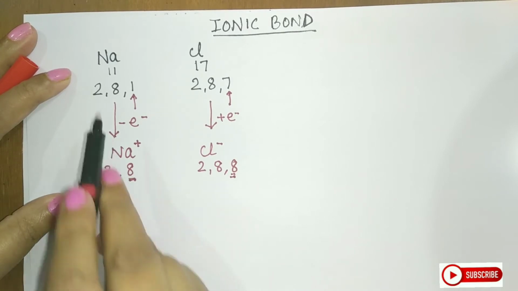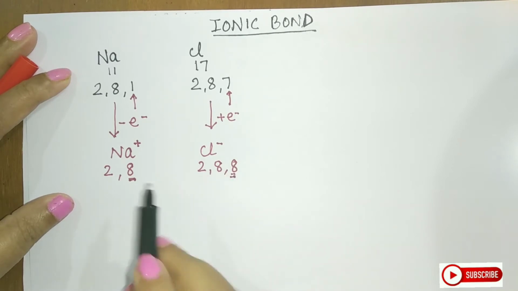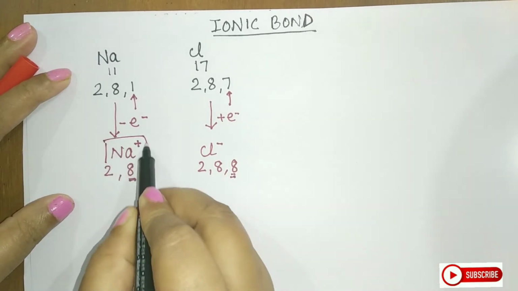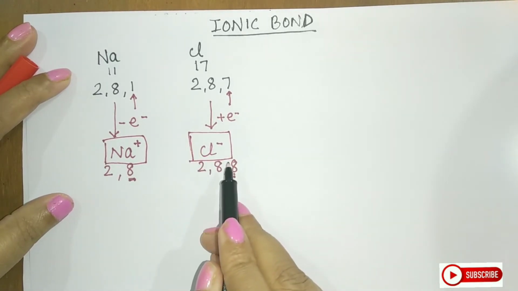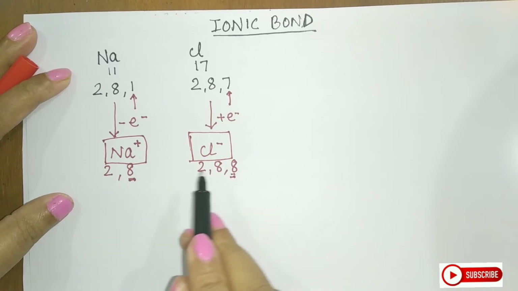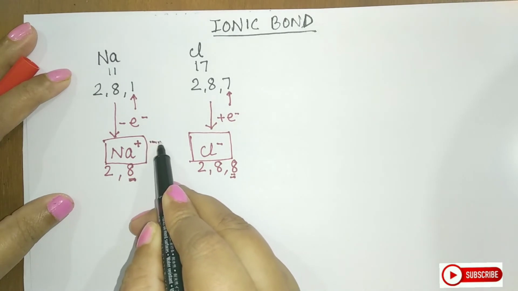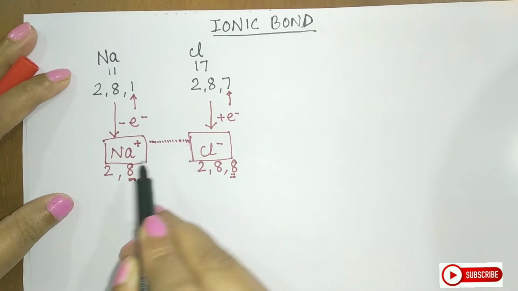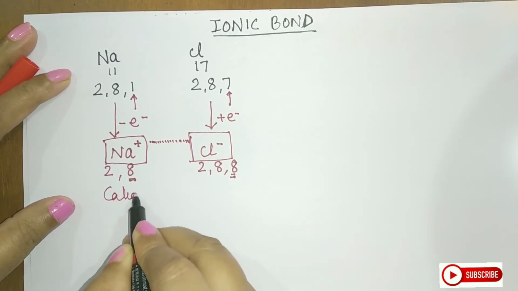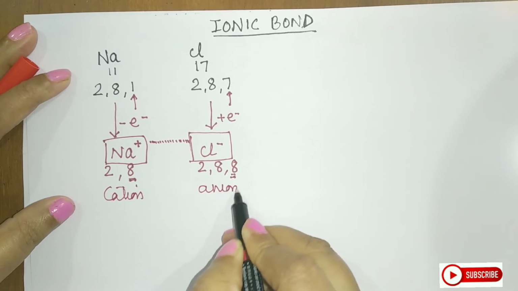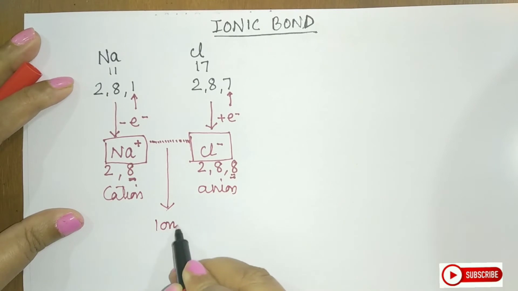Sodium is donating the electron, while chlorine is gaining that electron, and therefore the cation and the anion are formed. When the cation and the anion are formed, you know that oppositely charged ions attract each other, and therefore there will be an electrostatic force of attraction between this cation and this anion. This electrostatic force of attraction is called an ionic bond.